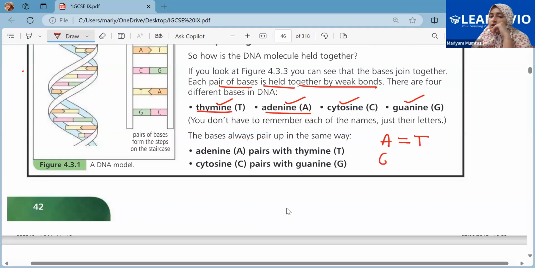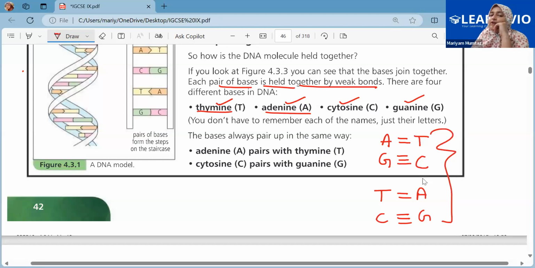In the same way, guanine is denoted by G and cytosine is denoted by C, and they will always pair up with three hydrogen bonds. If you reverse the situation, if you write T, it will pair up with A, and if you write C, it will pair up with G. This is the pairing, and this is how it will happen forever.